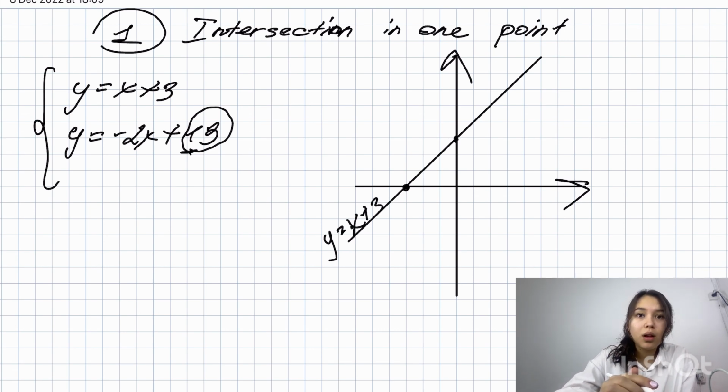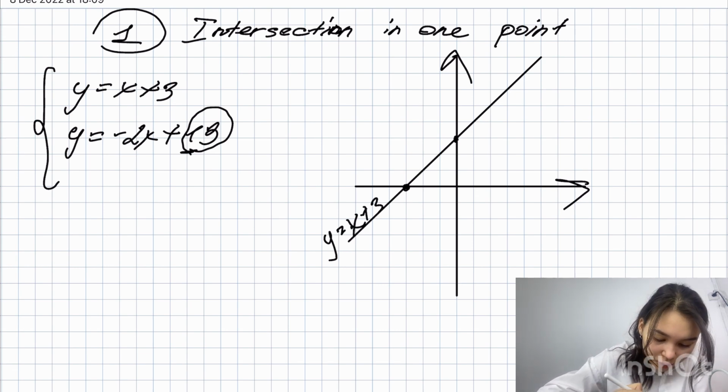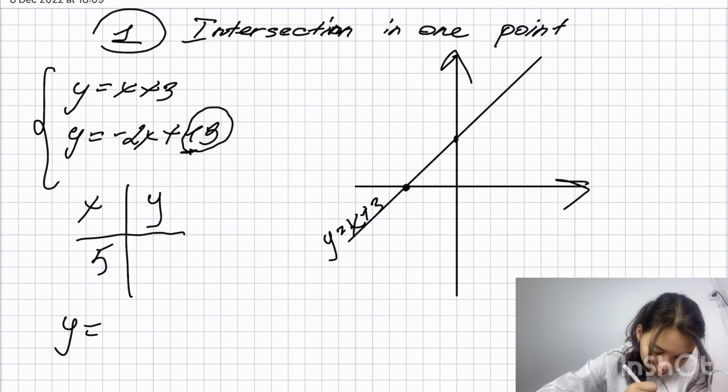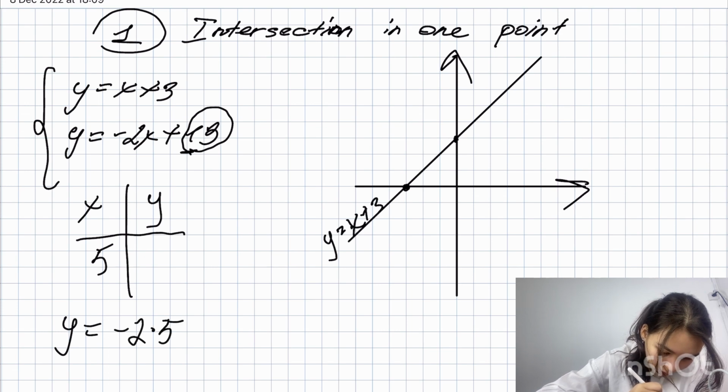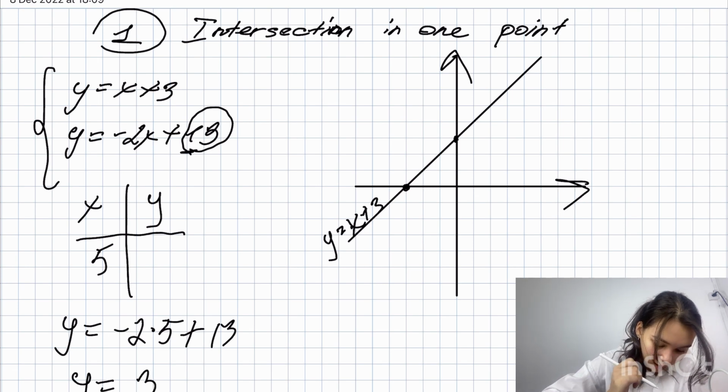For example, let's just give the values for x and y. When x is equal to 5, y is equal to, let's solve it. y equals minus 2 multiplied by 5 plus 13, y is equal to 3.